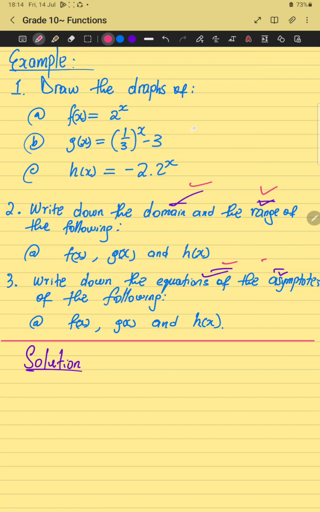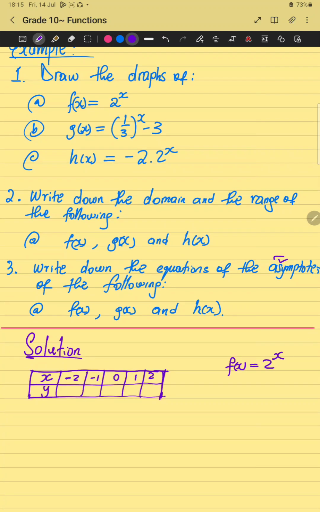So I'm going to use the table method to draw the first graph. I'm going to start from x = -2, substitute that value, like 2 to the power -2, and then we get the value, and so on.